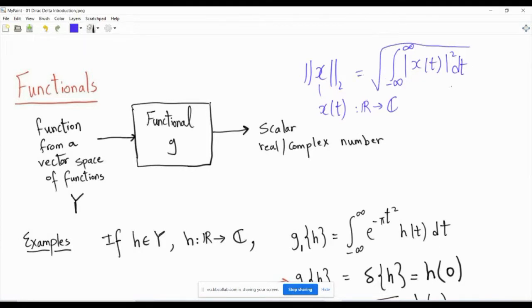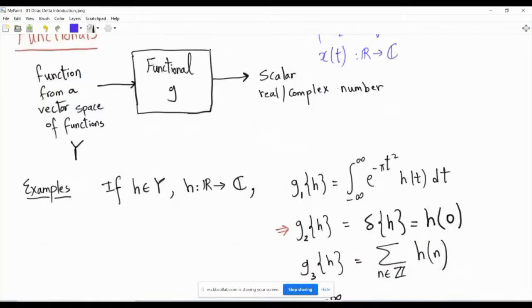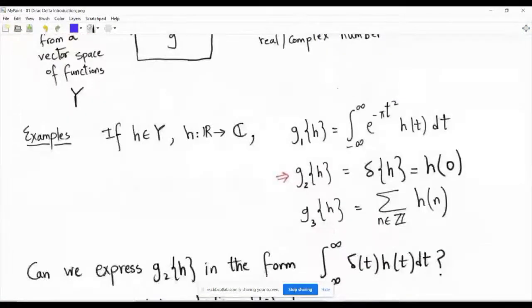So it produces a scalar, and in this case the scalar is real valued and non-negative. So the norm is a functional; it can be applied to a function to produce a scalar.